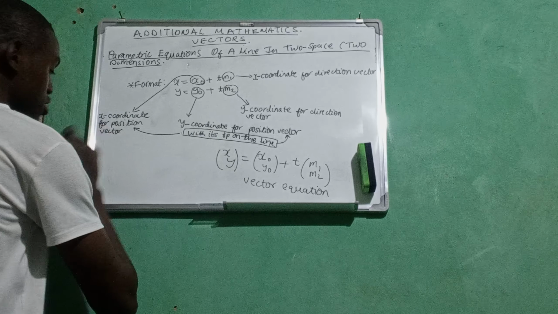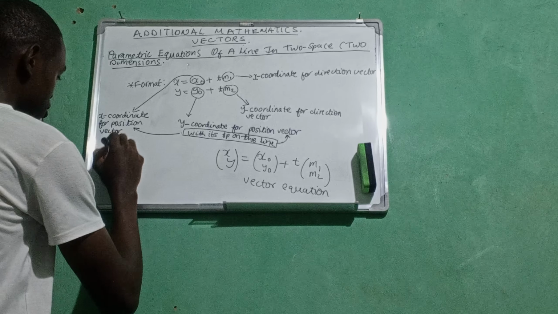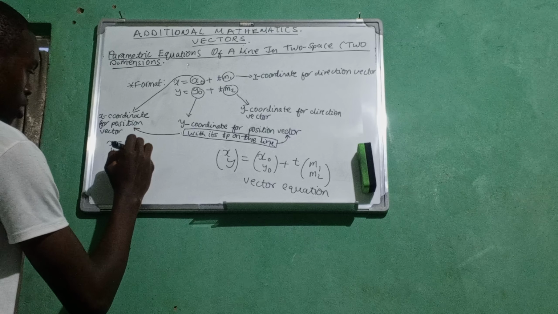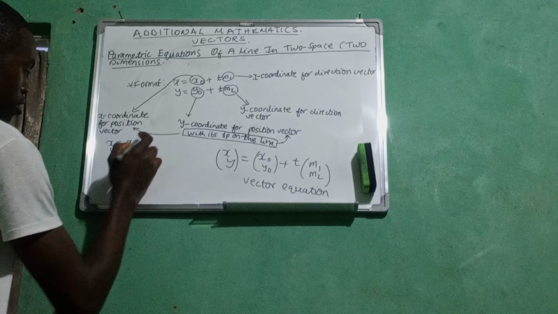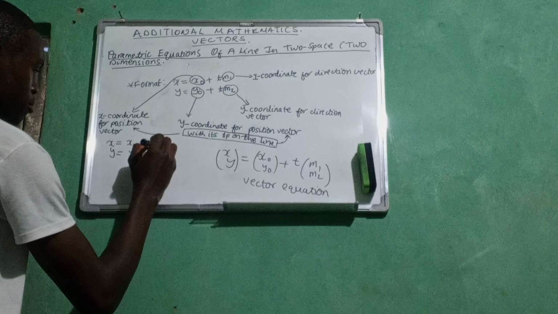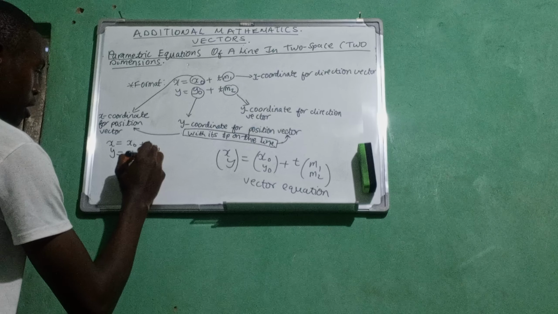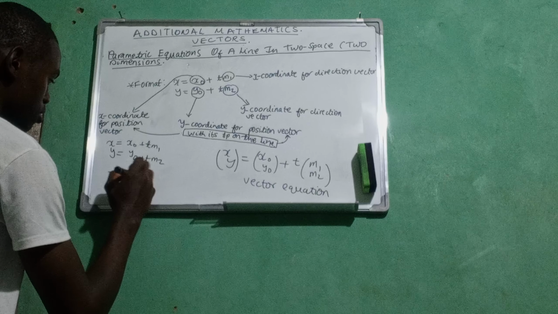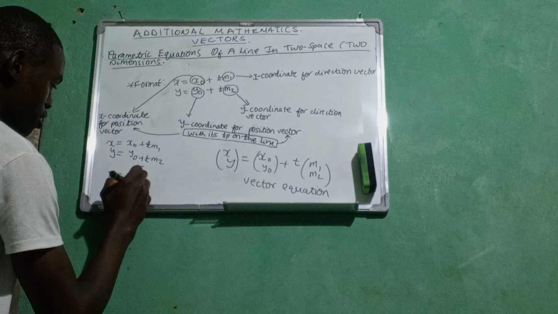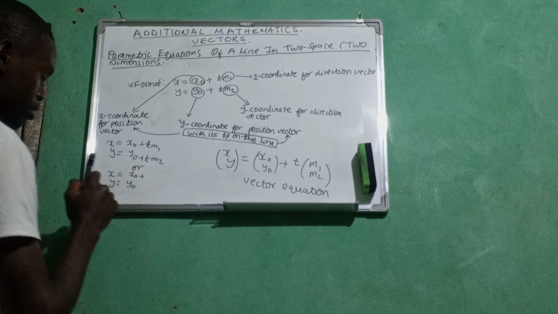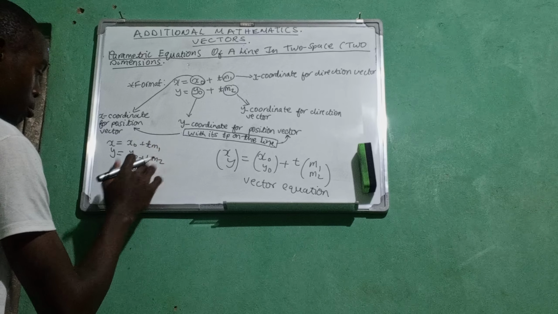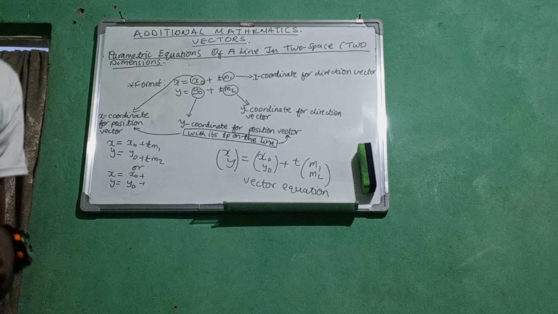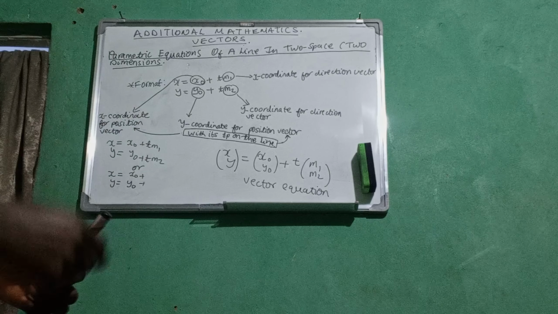So you can write a parametric equation in two ways: (x, y) equals (x naught, y naught) plus the parameter t m1 plus the parameter t m2, or you can do it like this: x is equal to x naught, y is equal to y naught, plus, in this case we can group, we group the direction vectors together to give us one thing like this.